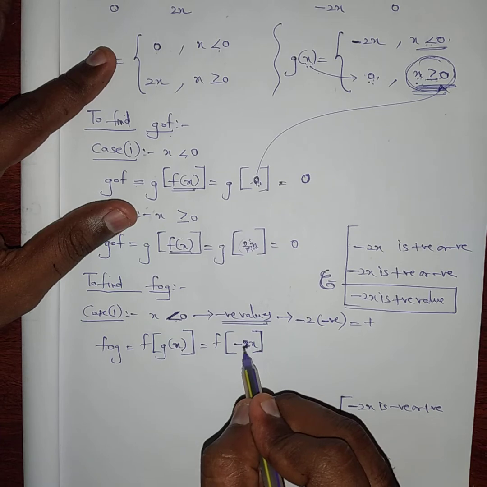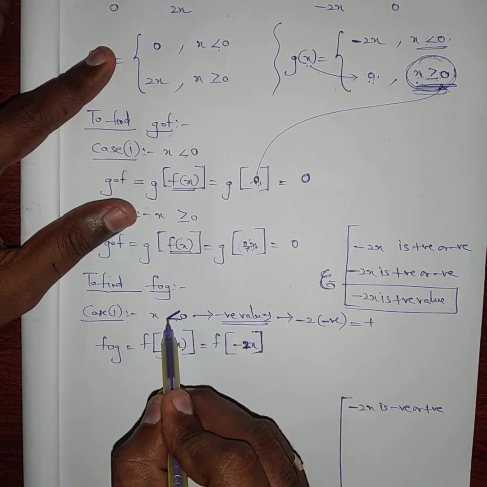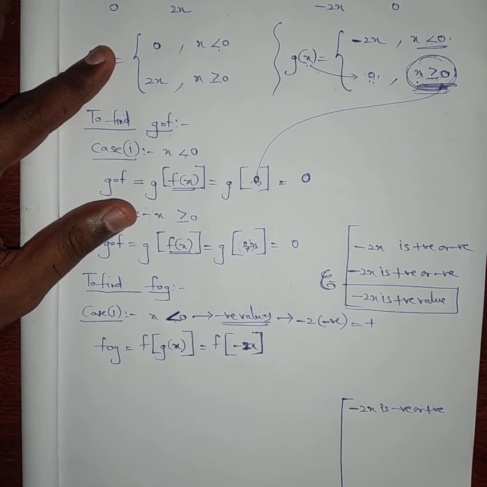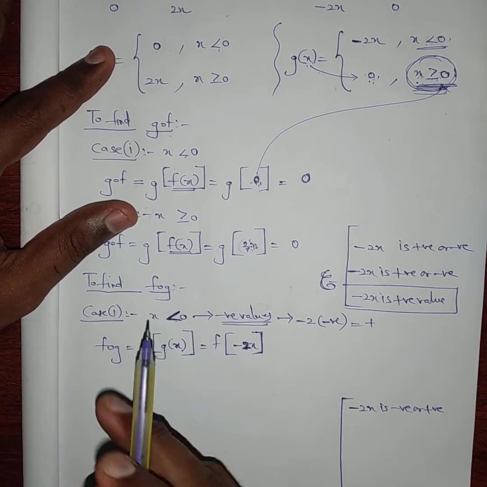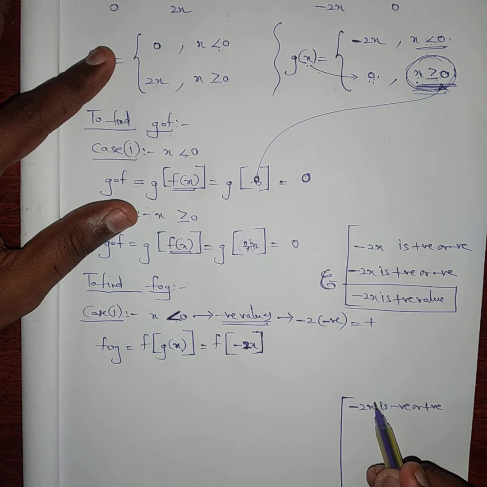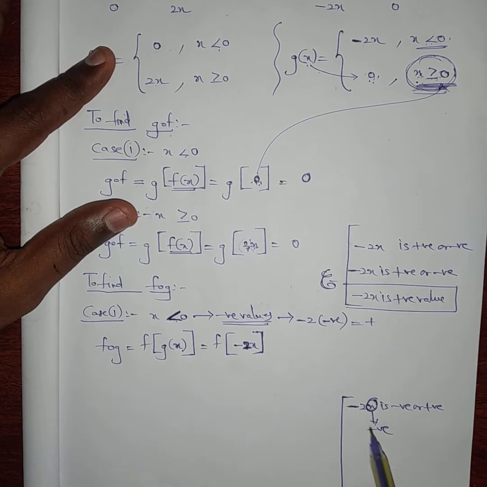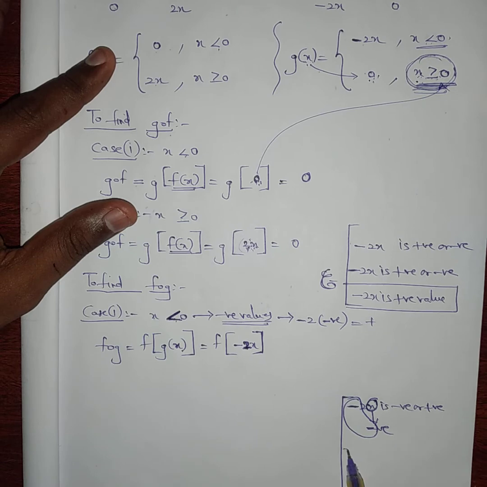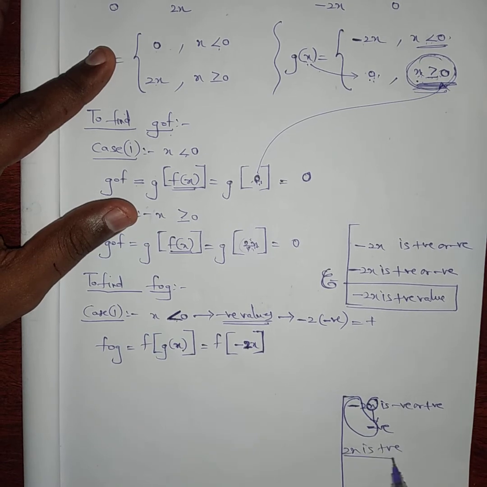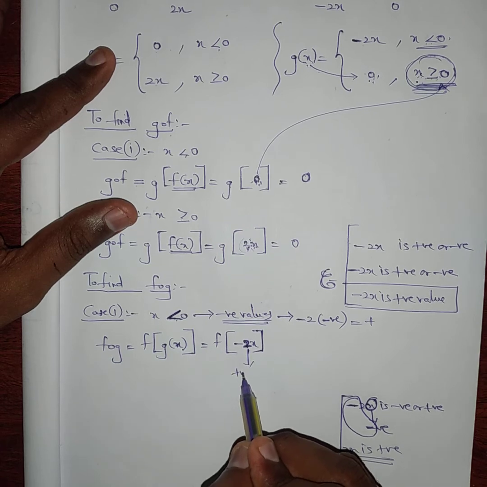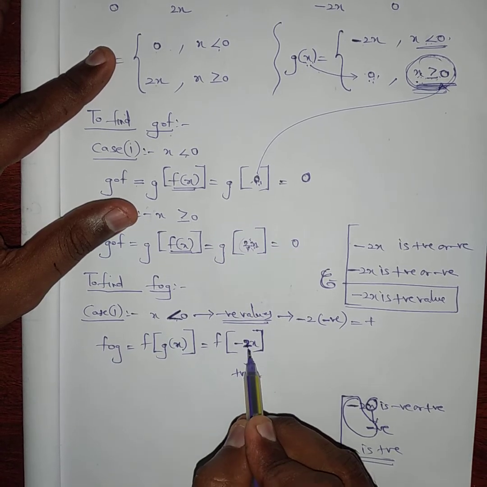X is less than 0, which means x contains only negative values. If we put a negative value in x, here already negative, then negative times negative becomes positive. So minus 2x is a positive value. Therefore, since this is positive, it is greater than 0.